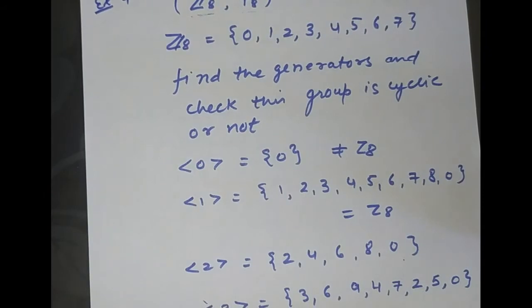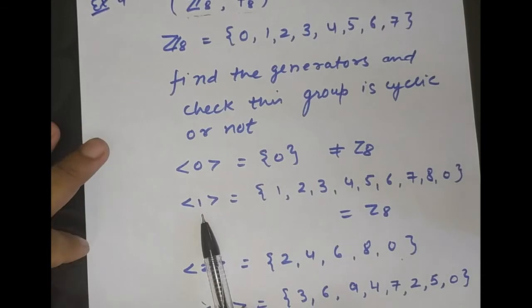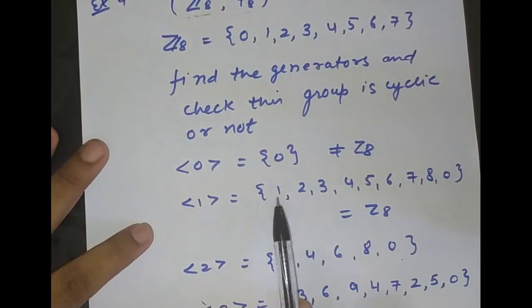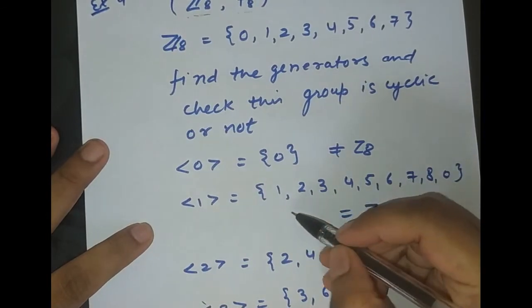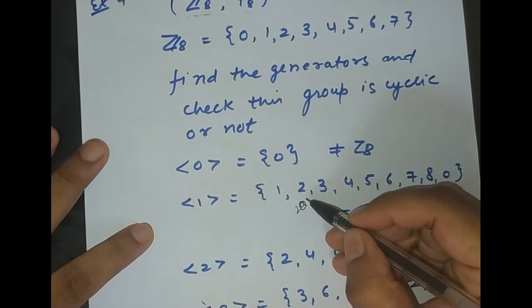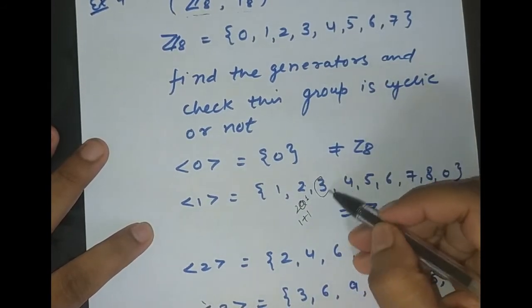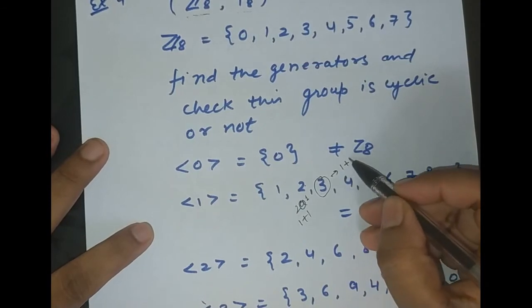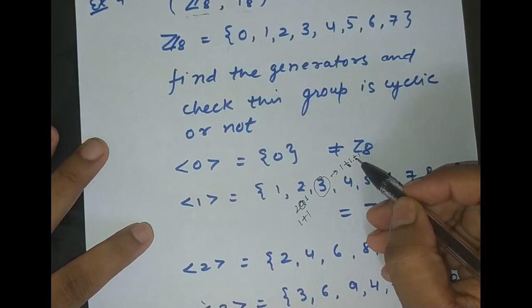Now taking the next element, that is 1. First element is 1, and then 2a, where a is 1. So 1 plus 1, so the next element is 2. Similarly for 3, 1 plus 1 plus 1, modulo 8.